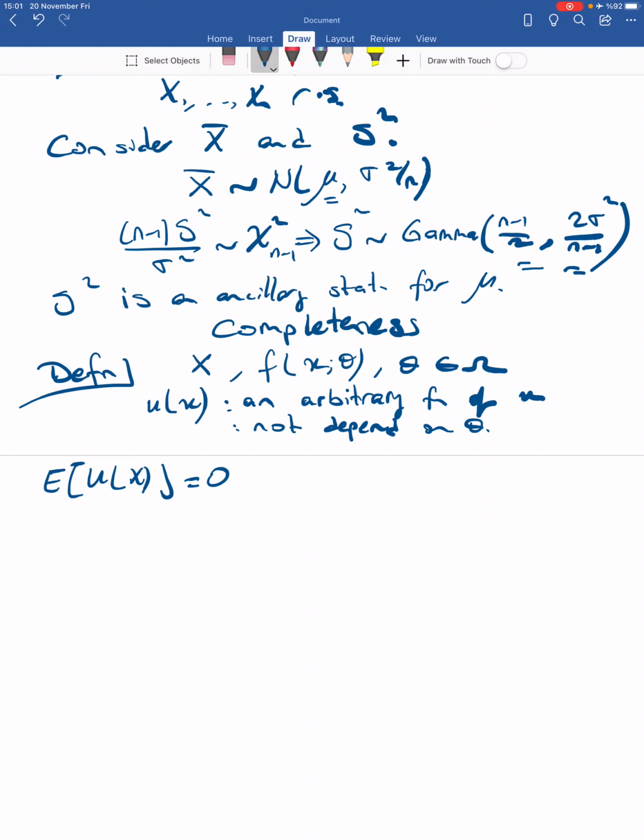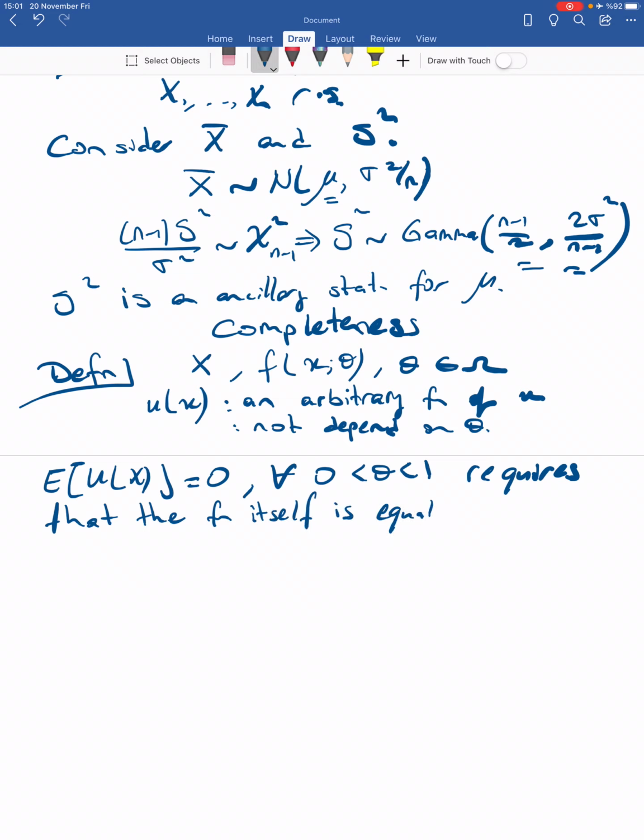Okay, so let's say the expected u(x) is 0 for all possible values of theta in the parameter space, if and only if, or this requires that the function itself, what we mean by u(x) itself, is equal to 0.